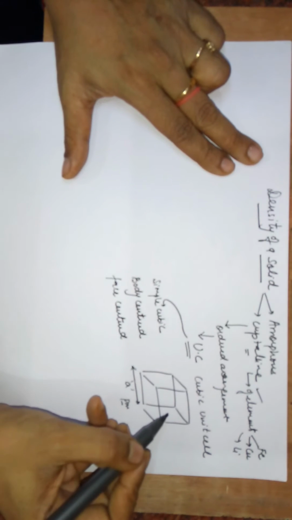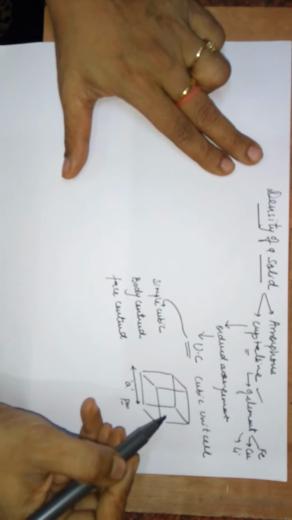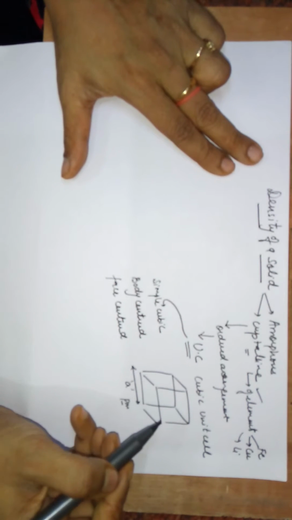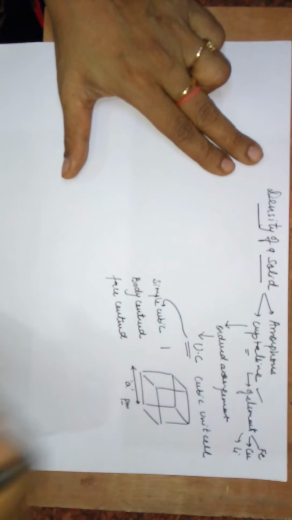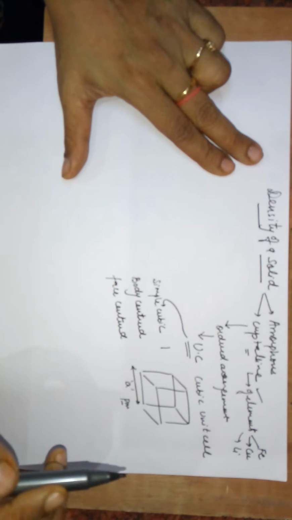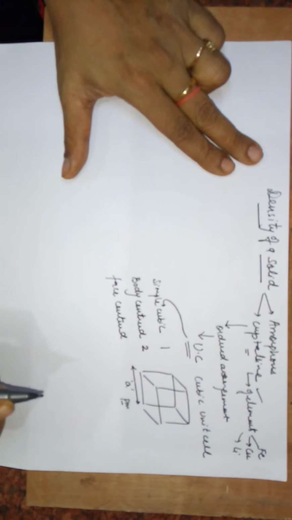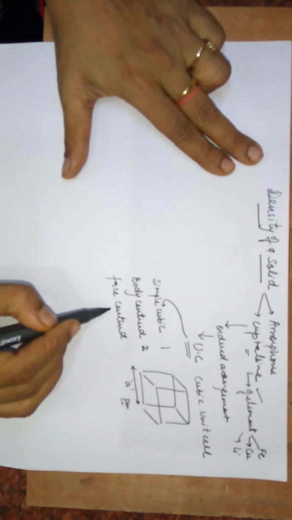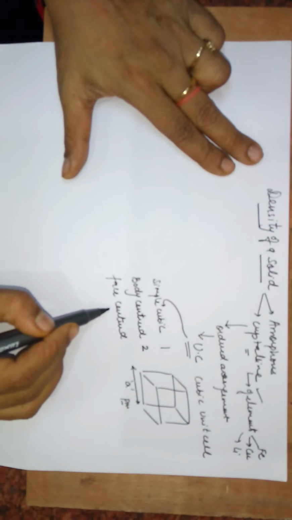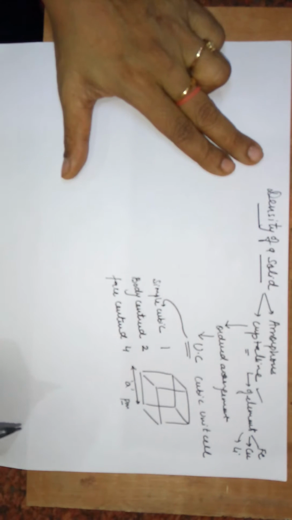In a simple cubic unit cell, the number of atoms present inside the unit cell comes to be calculated as 1. Whereas in a body-centered unit cell, the number of atoms inside the unit cell comes out to be 2. And in a face-centered cubic unit cell, the number of atoms inside the unit cell is calculated to be 4.